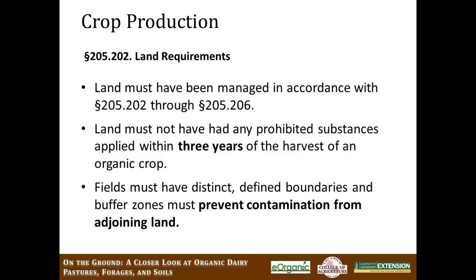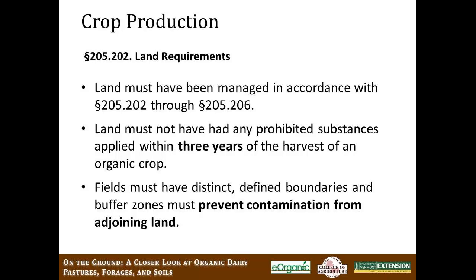So it's important to pay attention to materials during the transition process, during that 3-year transition process of the field, and make sure you're keeping records of what all the materials are and saving copies of all the labels and information so that the certifier knows for sure that everything that got used in that transition period were approved for use for organics.